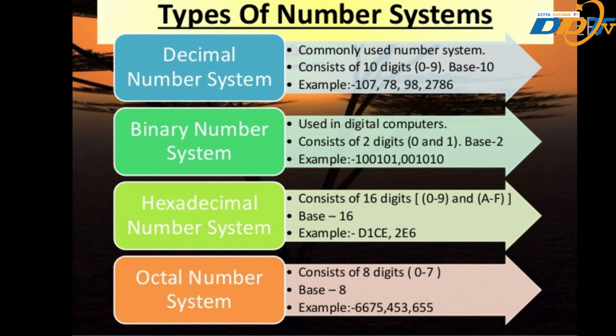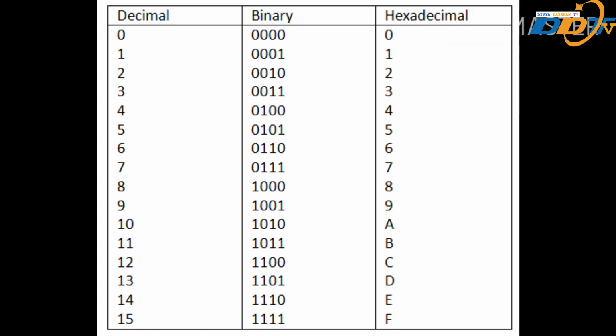Here are examples of some decimal, binary and hexadecimal numbers. In decimal number system, we write 0 as 0, in binary 0 as 0000, and in hexadecimal 0 is 0. 1 in decimal is 1, in binary 0001, and in hexadecimal it is 1.